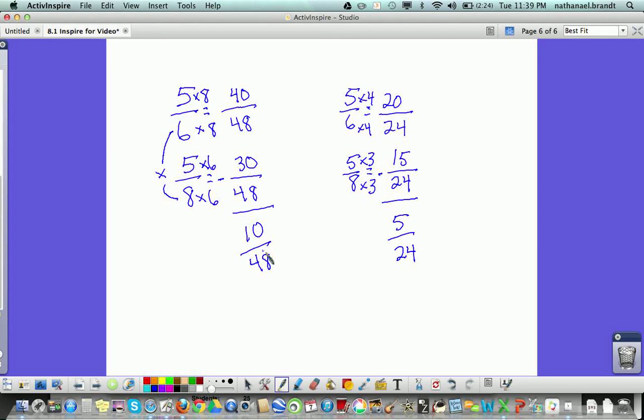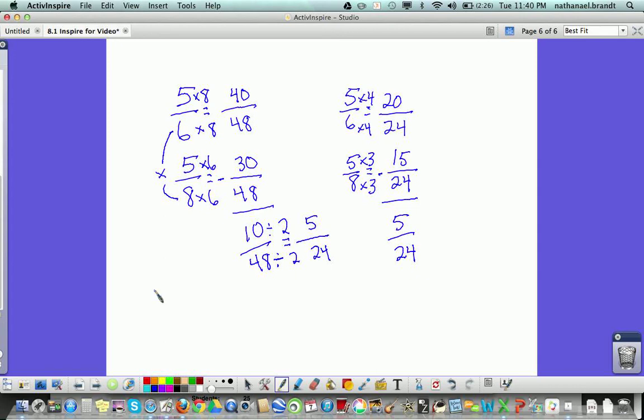Here, I'm going to have to put this fraction into simplest form, and I'm going to figure out what number both 10 and 48 are divisible by. Well, they're both even numbers, so they're both divisible by 2. 10 divided by 2 is 5. 48 divided by 2 is 24. So 10/48 is the same as 5/24.